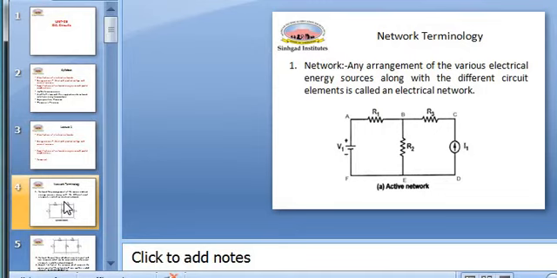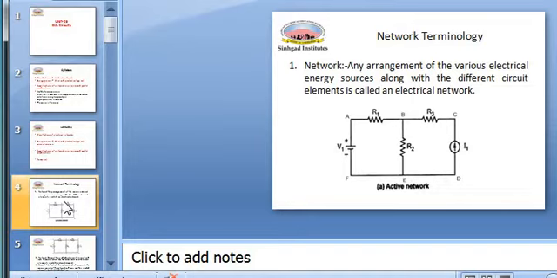What is network terminology? Before going to the very first point of the syllabus, let us see some basics for this particular unit. What do you mean by network? It is an arrangement of various electrical energy sources along with the different circuit elements.